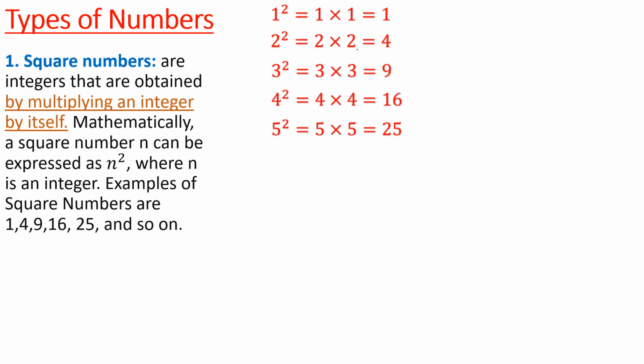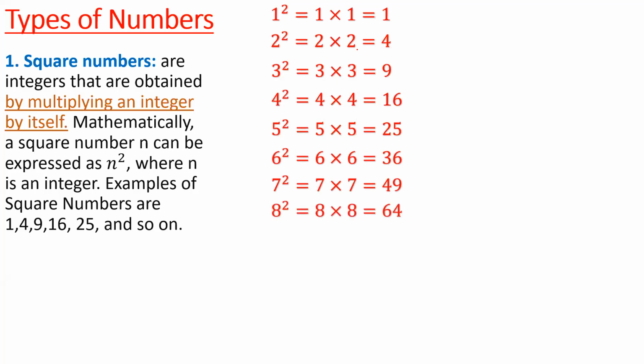Okay. What is 6 squared? 36. What is 7 squared? 49. What is 8 squared? 64. Very good. What is 9 squared? 81. What is 10 squared? 100. What is 11 squared? 121.